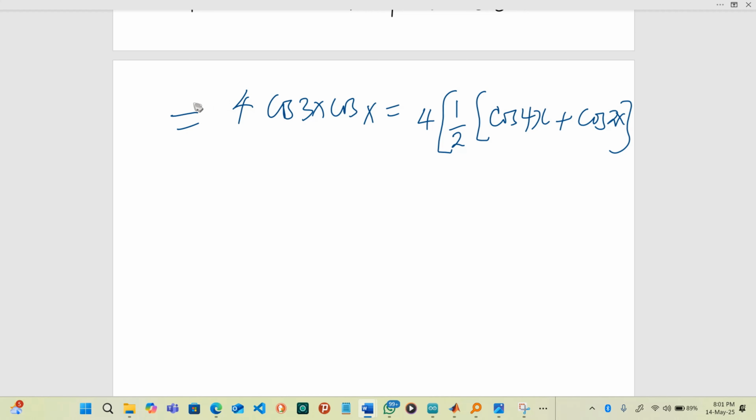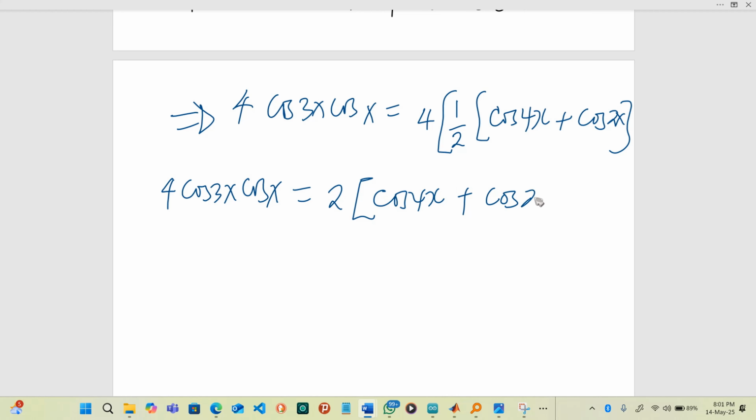So that means I'll have 4 cos 3x cos x equivalent to, if I put 4 by 2, this is 2, 2 into cos 4x plus cos 2x. And that one is done.